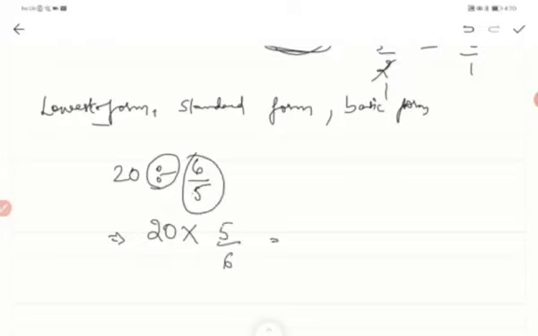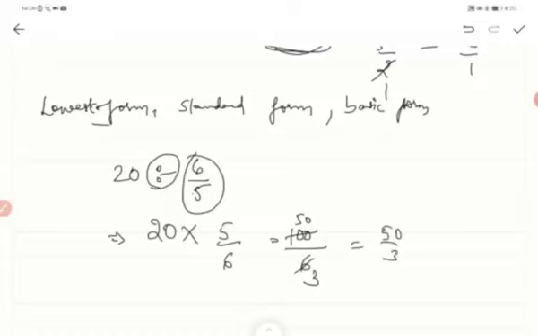Now 20 into 5 is how much? 100 by 6. So cancel this. 2 3s are 6, 2 5s are 10. So our answer is 50 by 3.